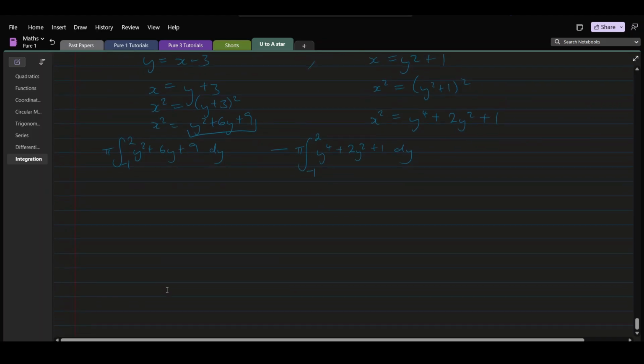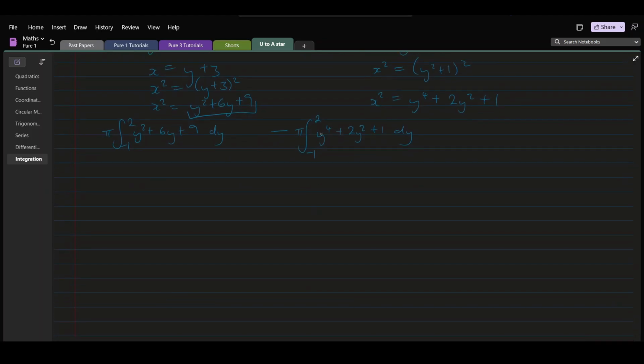Notice how our limits are the same, so we can combine the integral to become pi, the integral from -1 to 2 of y squared plus 6y plus 9, then you subtract this, y to the 4 plus 2y squared plus 1 with respect to y. You could also just integrate them separately, but it's more efficient if you do it in this manner.